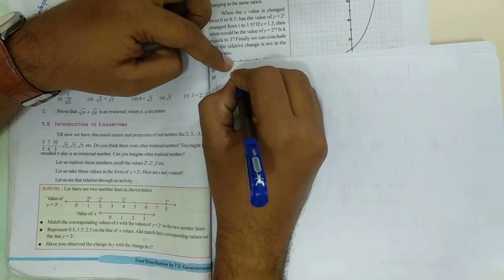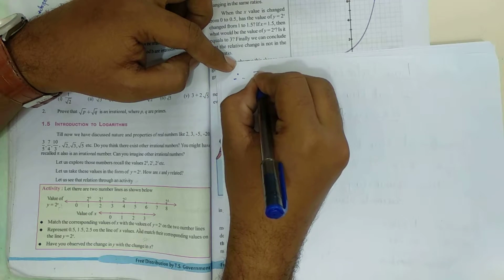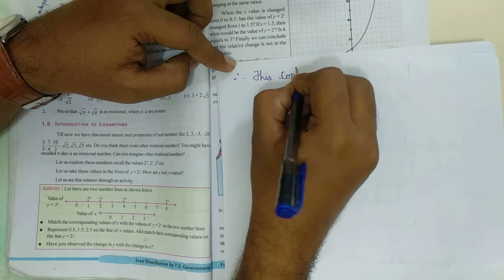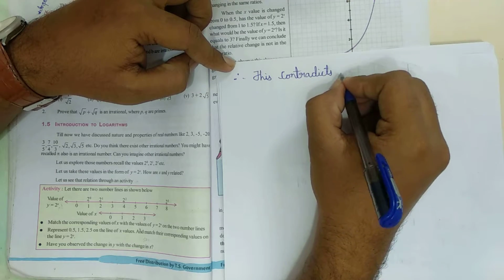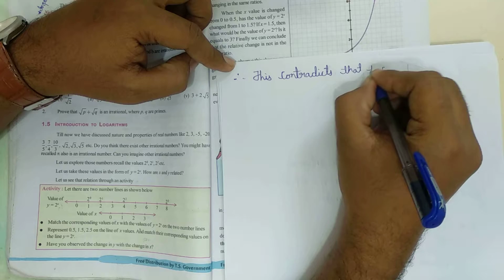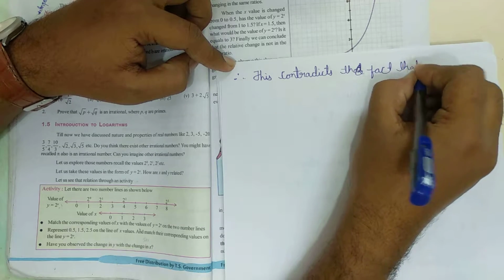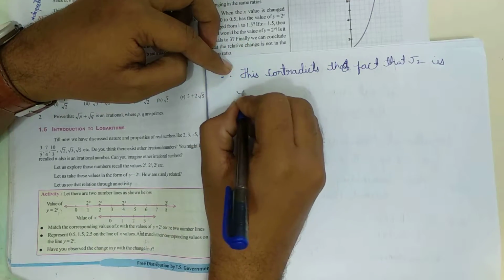Hence this contradicts the fact that root 2 is irrational.